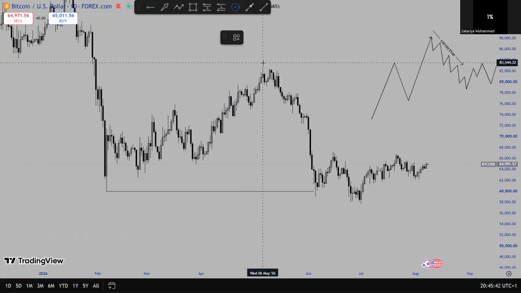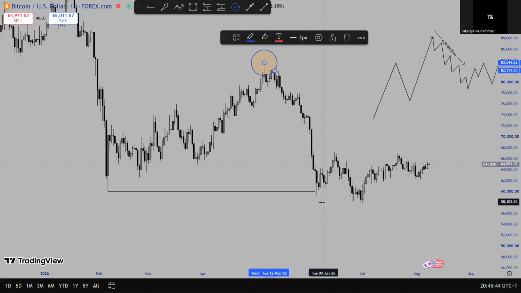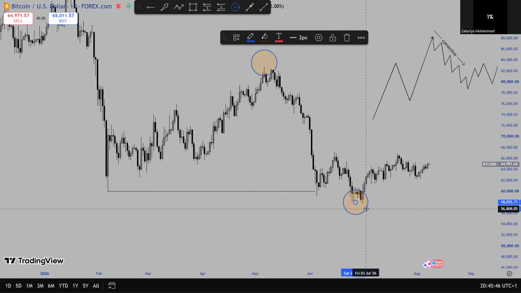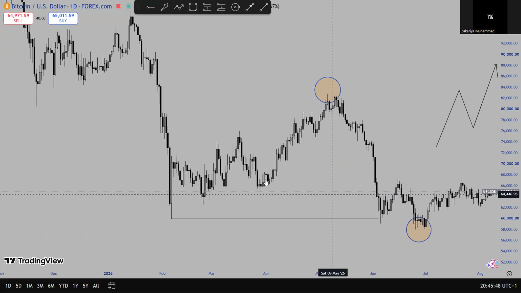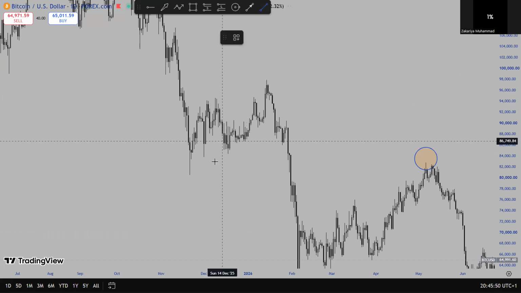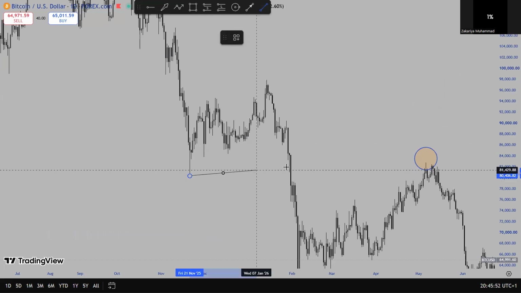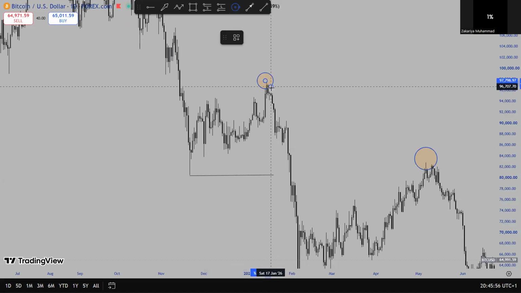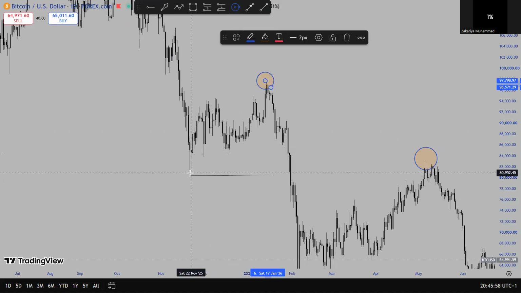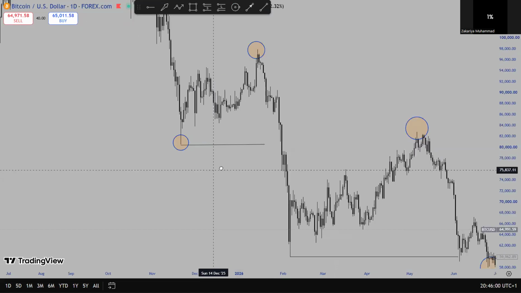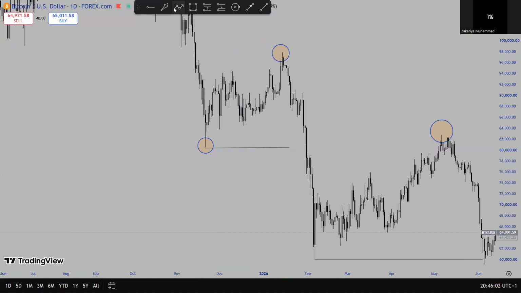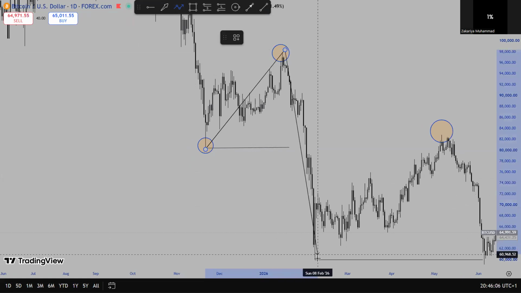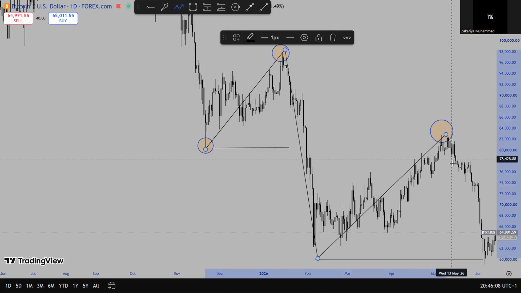This is our external market structure. This high, and then this new low. This is our external market structure. Right here again, this is our external, this low, and then this high, and then this low, giving us what? A lower low, a lower high, a lower low, a lower high, right?